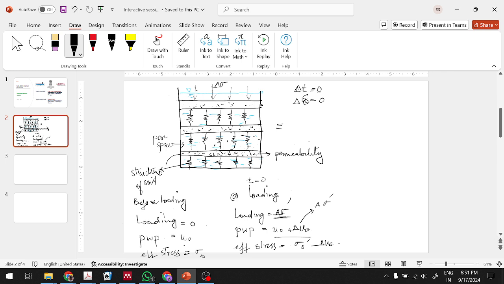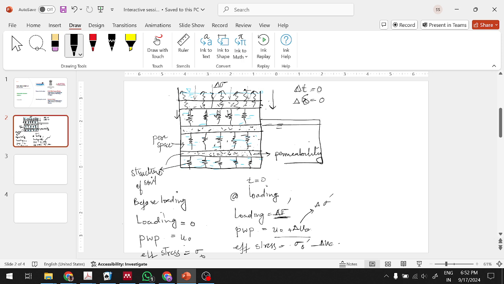As time goes on, the springs will start to compress. As these springs compress, water will flow out of the pores of this material, and the whole structure will start deforming and there will be consolidation.